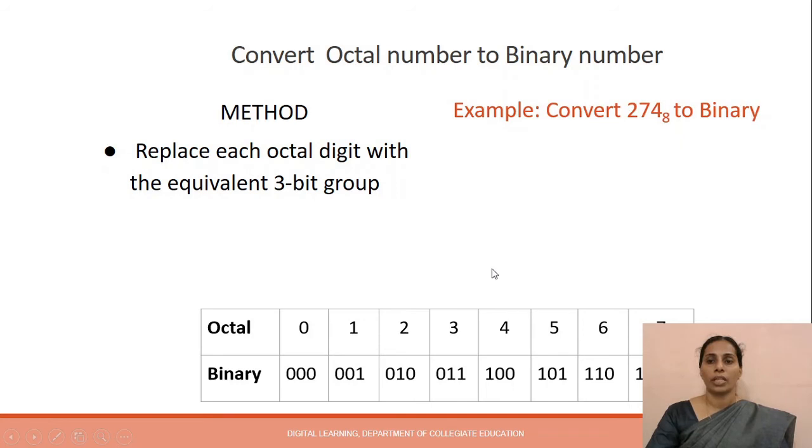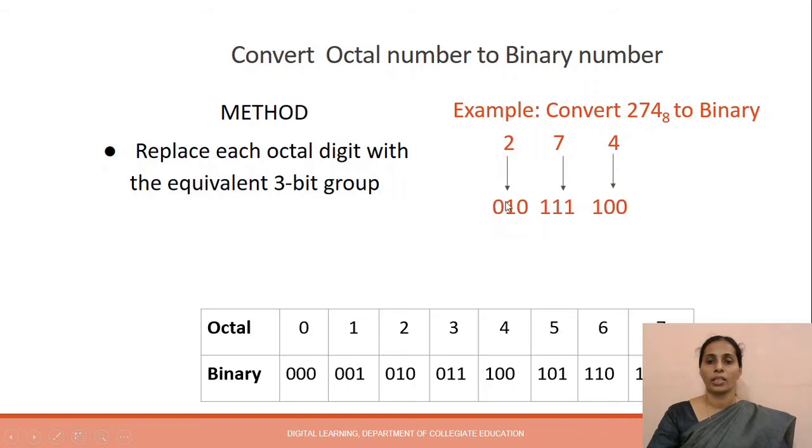For example, we can convert the octal number 274 into binary. Write the 3-bit groups of each digit. Here 4 is written as 100, 7 as 111, 2 as 010.